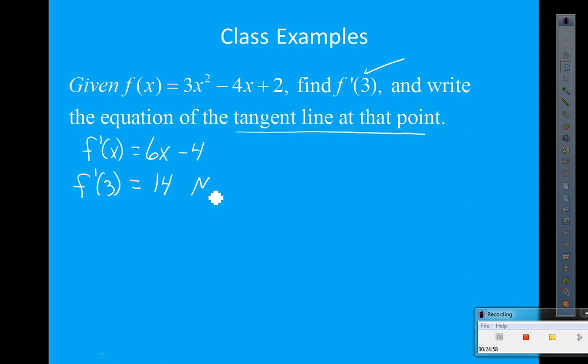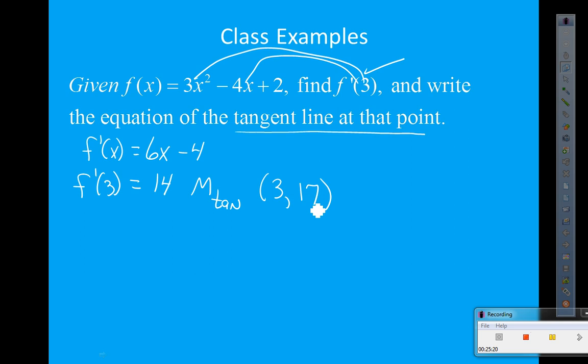So right here is the slope of the tangent line. So I know my slope. I know my x value is 3. I need my y value. So I'm going to plug 3 into the original equation, and I'm going to get 17.